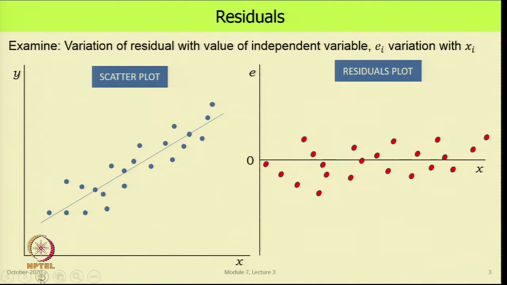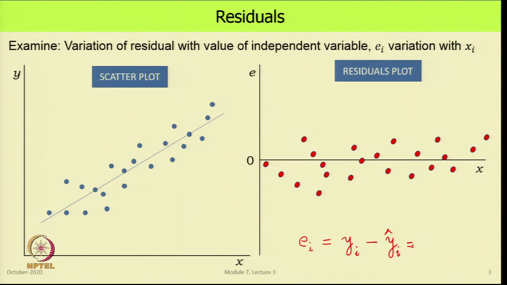We came across residuals in our discussion on regression, where we defined the residual e at a point i as the value of y at that point minus the predicted value of y for that same x_i.